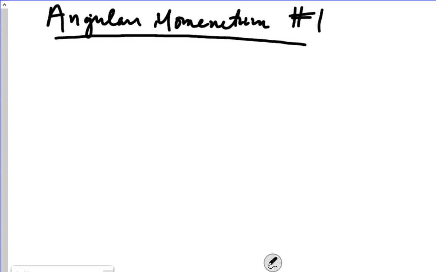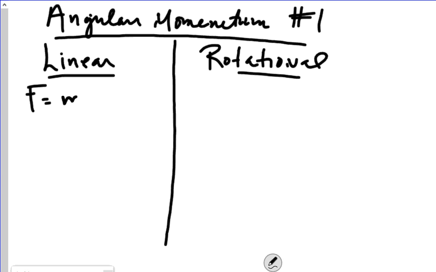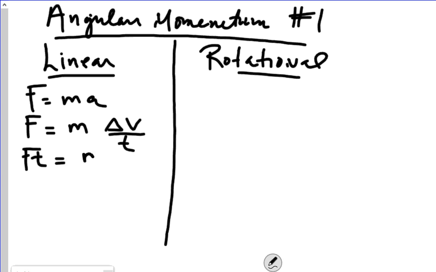So let's begin with a comparison. I'm going to make this into 2 columns, and then we'll start comparing the two. If you think way back to where we began with linear momentum, this is how Isaac Newton did it. He took his second law and broke it up into the change in velocity per unit time, then got rid of the time on the bottom and came up with his impulse formula, or his impulse-momentum change.